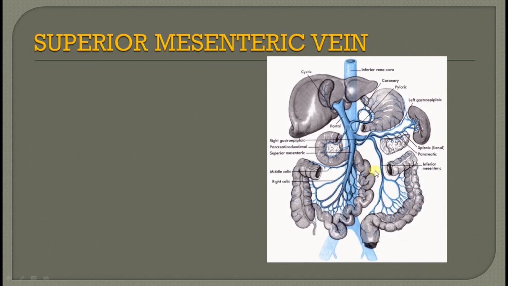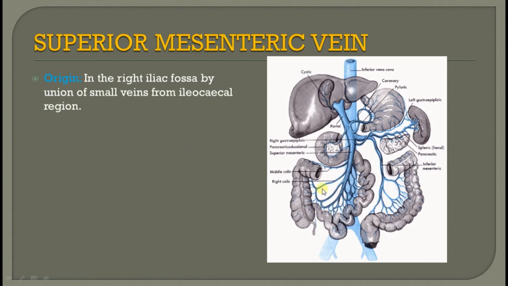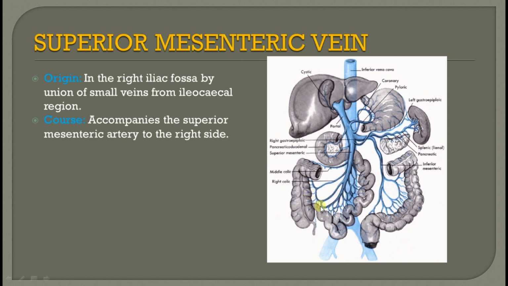Now coming to the superior mesenteric vein. It is formed by the union of small veins in the right iliac fossa, in the ileocecal region, where they start. These veins unite to form the trunk of the superior mesenteric vein, seen along with the superior mesenteric artery, to the right of the artery, in the concavity of the artery.